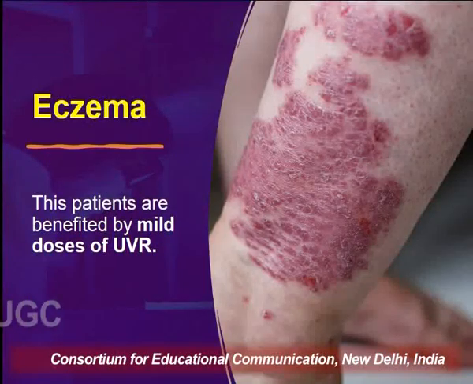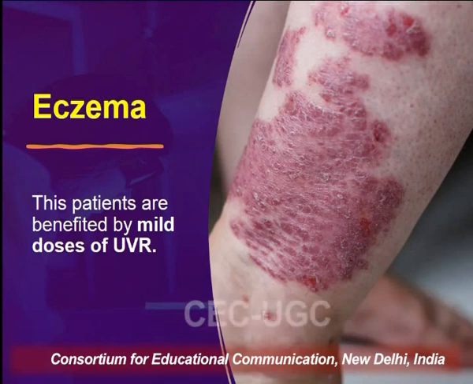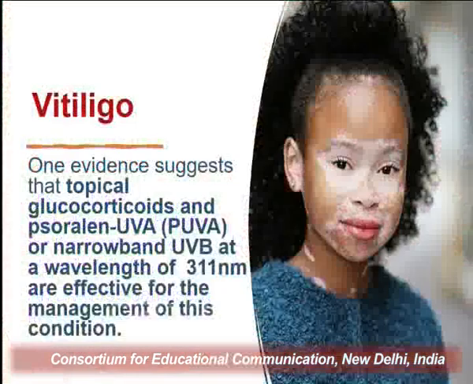Then eczema. These patients benefit from mild doses of UVR. Then chronic infections. Ultraviolet radiation at high doses is helpful for the treatment of chronic infections, and an E4 dose can be used for this.